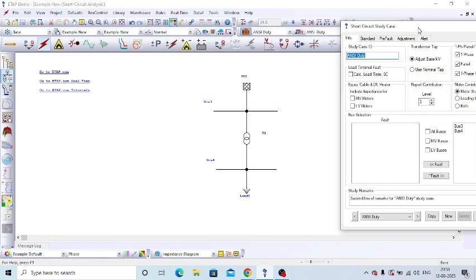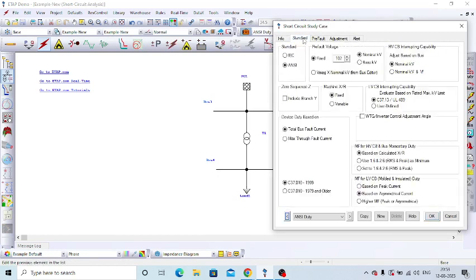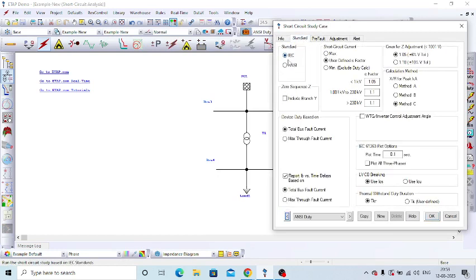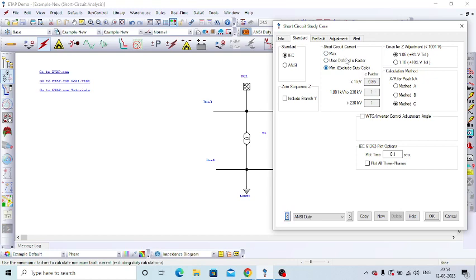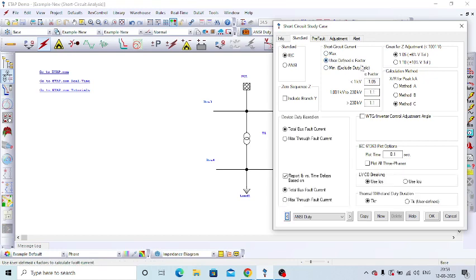In this edit study case, we select what standard we are going to apply for the fault. First we select the standard, then the C factor. In IEC there is a factor called C factor. We can consider maximum C factor, minimum, or user defined; three options are there.